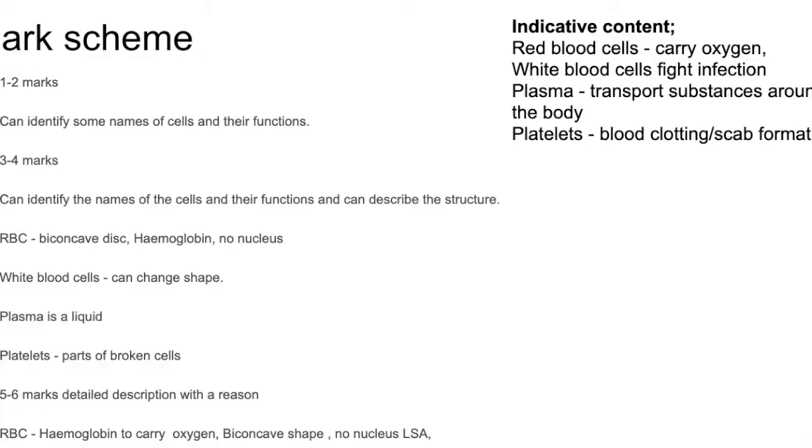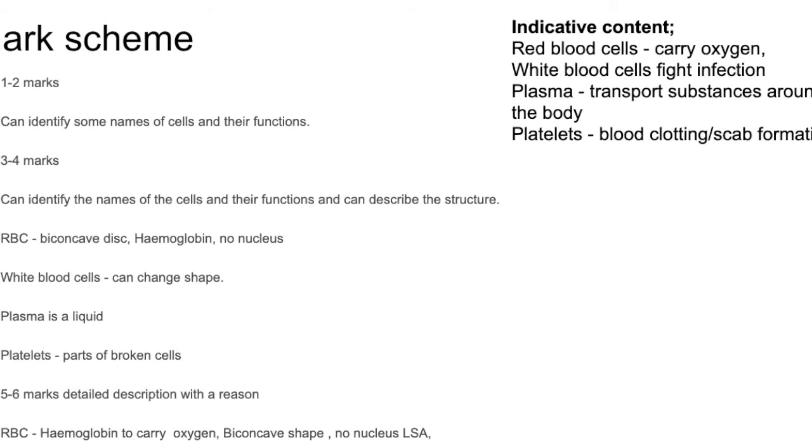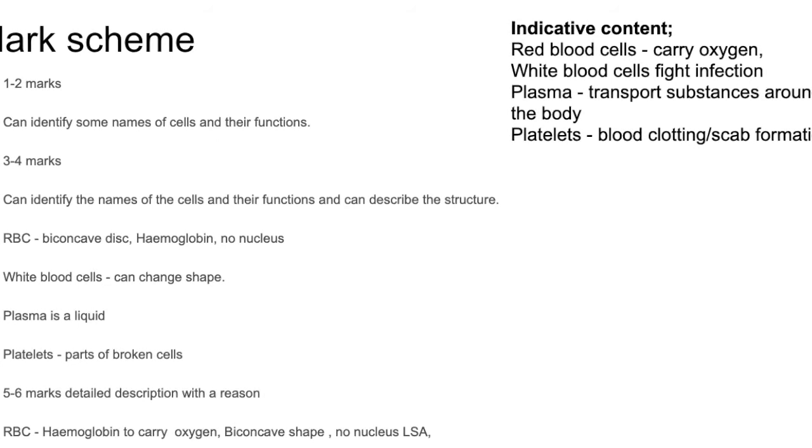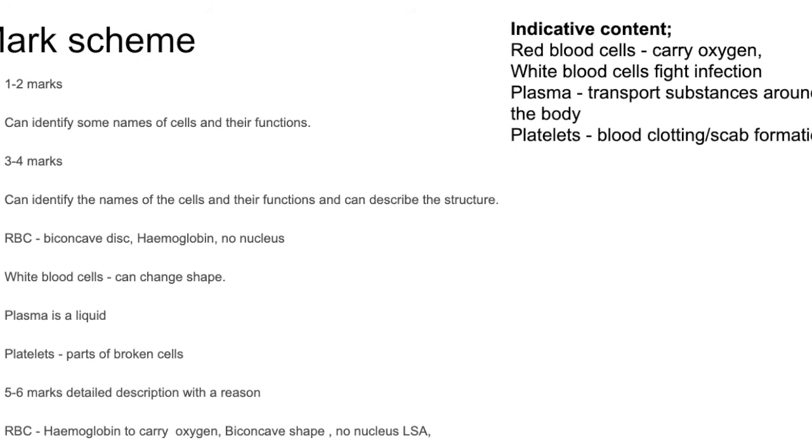Okay, so here's the mark scheme for you to use to correct and improve your work so that you have at the end of this a 6 out of 6 mark answer. Up in the right hand corner are the key bits of science. And then you can see that the mark scheme is split up into 1 or 2 marks, what you need for 3 or 4 marks, and what you need for 5 or 6 marks.